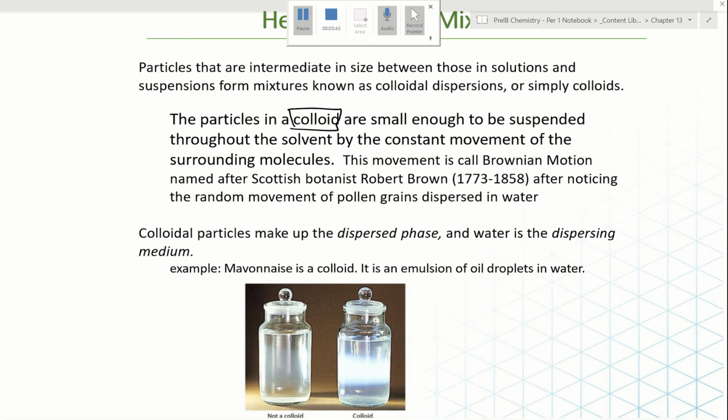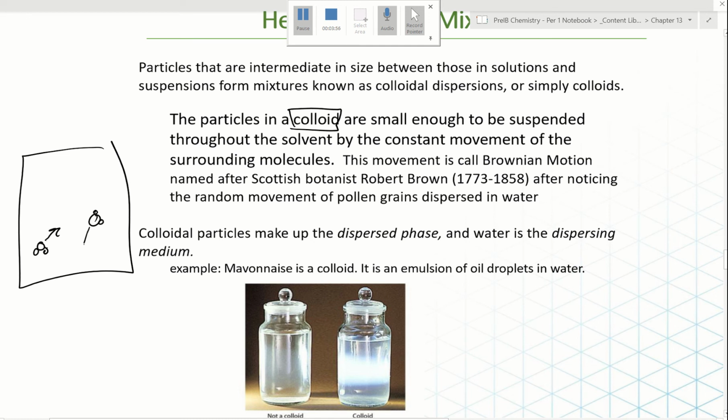Sometimes they can be filtered out, but when they're in there, the random movement of the water molecules, these water molecules just moving randomly, make the little tiny colloid particles, or the colloid particles might be almost as big as the water molecules.